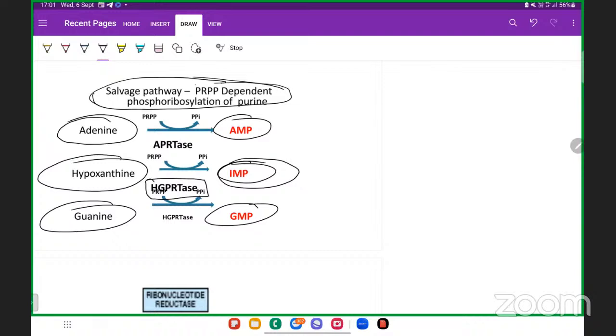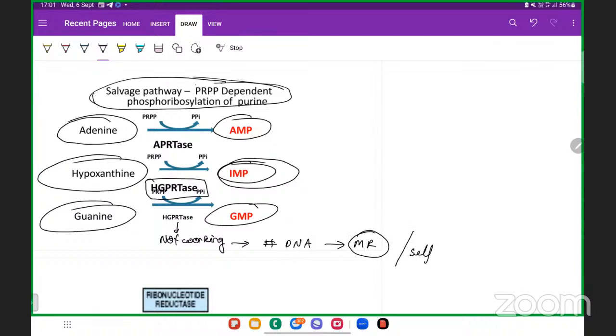If the HGPRTase enzyme is inhibited in the salvage pathway, what happens? Your brain cannot synthesize DNA. If there is no synthesis of DNA, it leads to mental retardation.